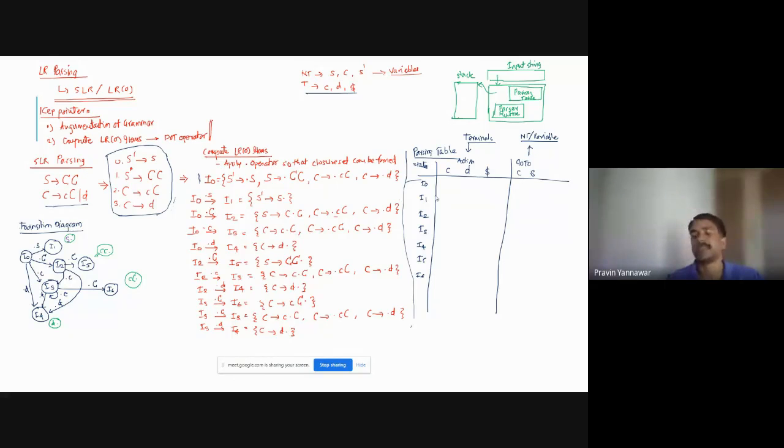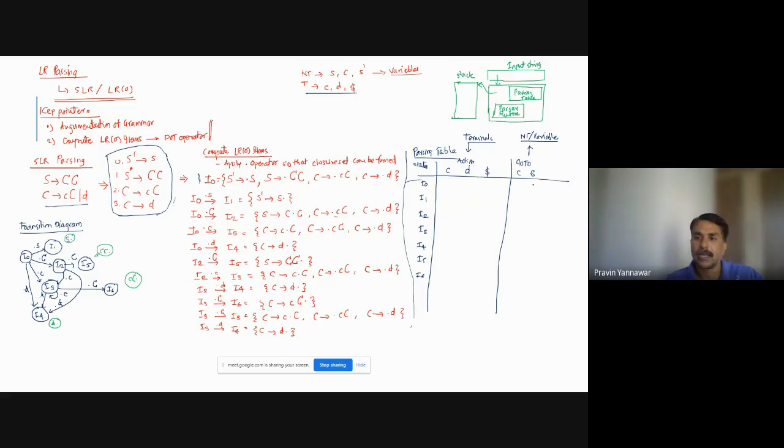Now let us go ahead. When you are going for shifting, when you are expecting some input, look at I0 here. I0 with the variable S will go to state number one.